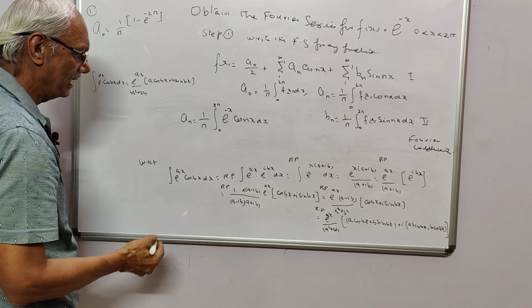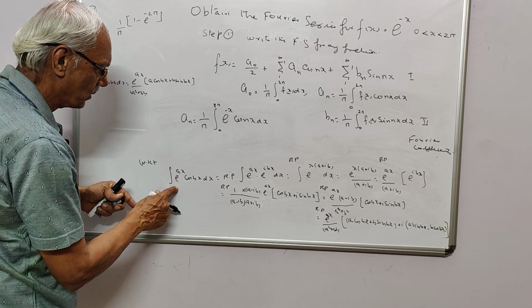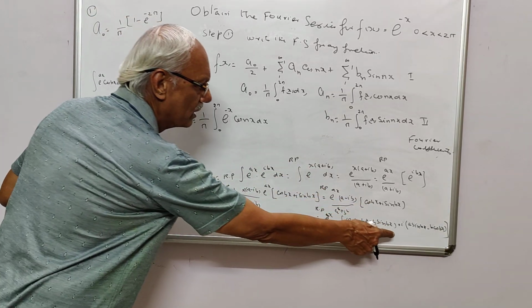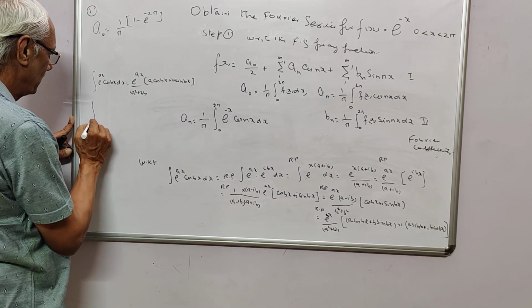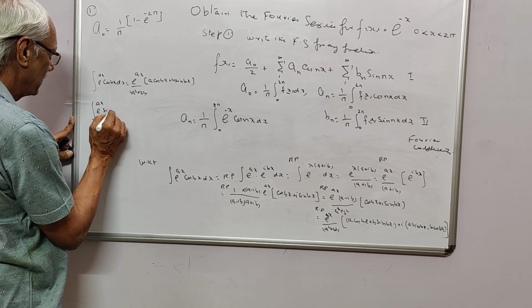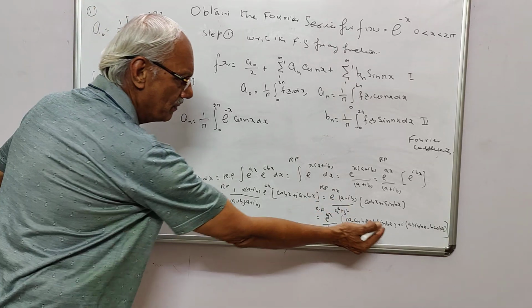So suppose you want the integral of e to the power of ax sin bx dx, it will be nothing but the imaginary part. Similarly, you can find here e to the power of ax sin bx. For sin bx you will get the imaginary part.